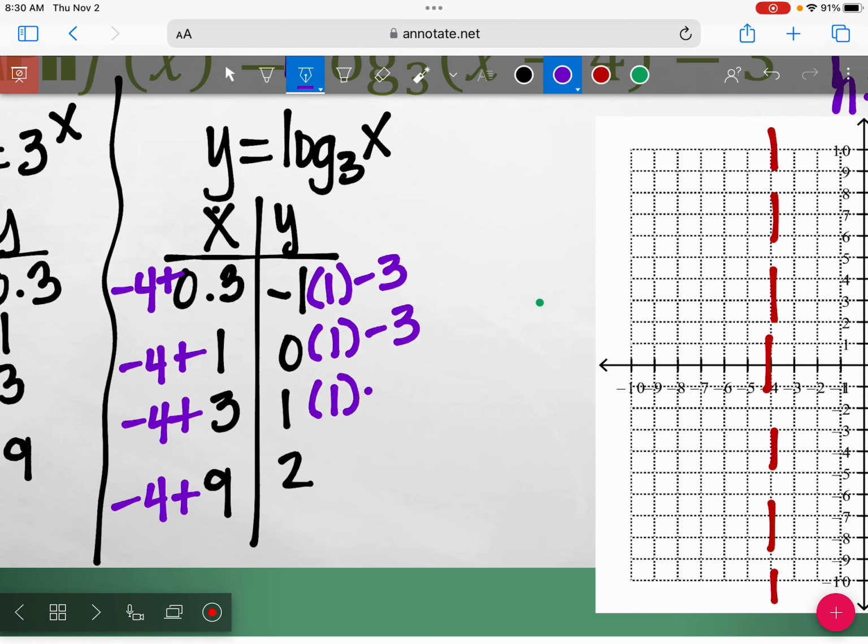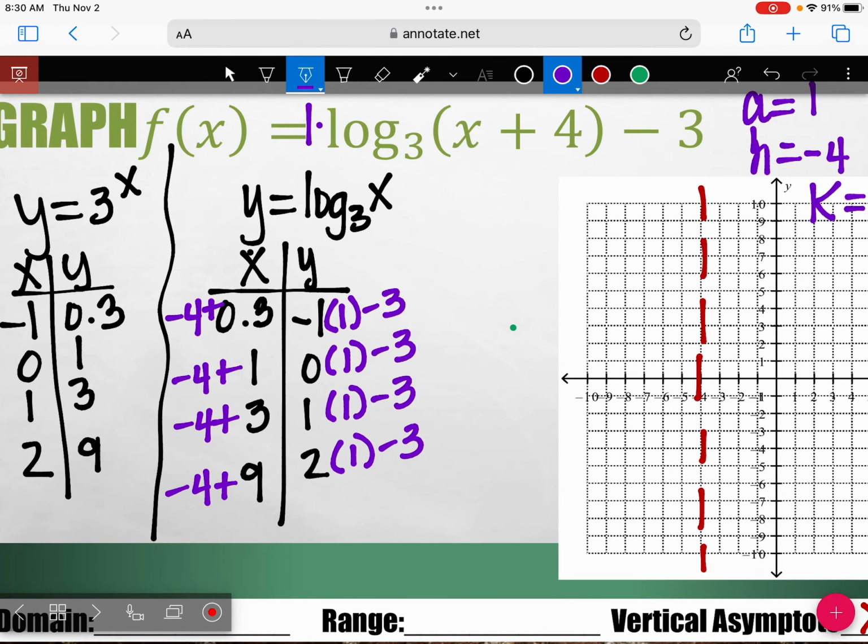And of course, you really don't have to write multiply by 1 because if you multiply by 1, that doesn't change. But I'm just adding it so you always remember that you are multiplying by a. So go ahead and do that. Pick up your calculators and create your final table. And that final table is the one you will graph.